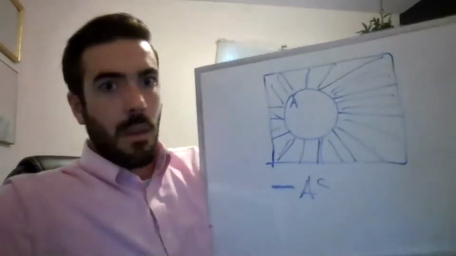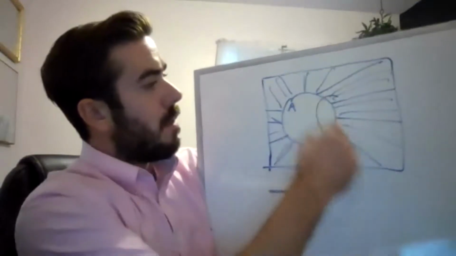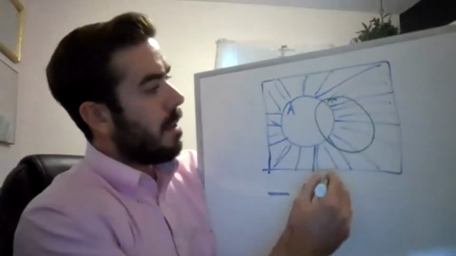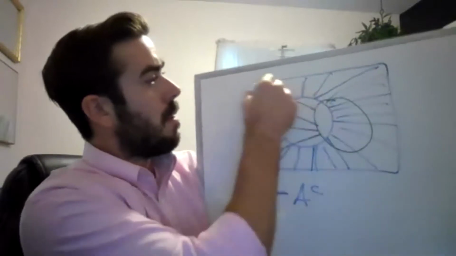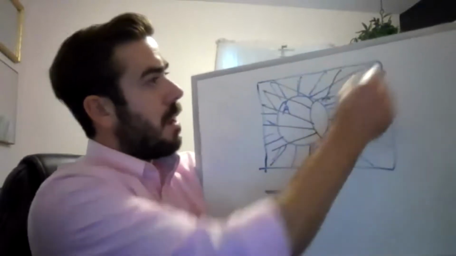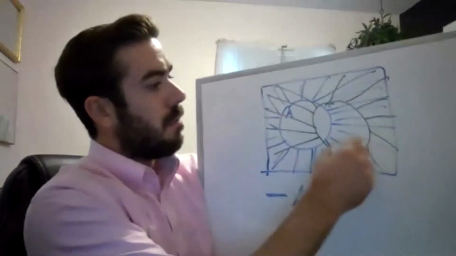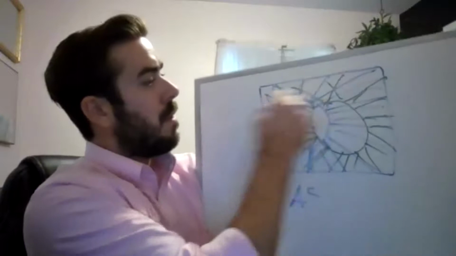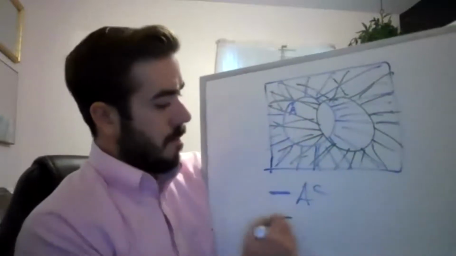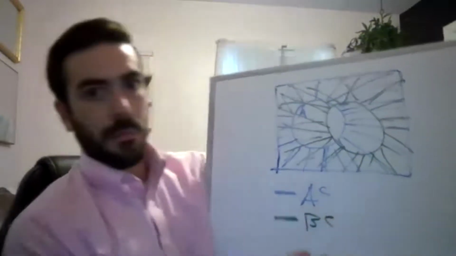Okay? If I then have event B, B complement would be everything not in B, right? So just everything not in the circle. So these are B complement.